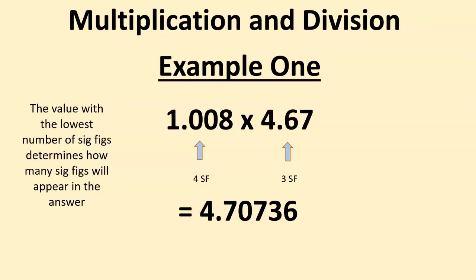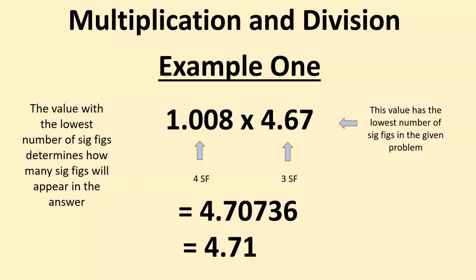We know that we need 3 significant figures because it is the least amount of significant figures in our given problem. Which one has it? It is this value right here, 4.67, which is 3 sig figs. That means we round our answer to 3 significant figures, 4.71, which is your final answer.